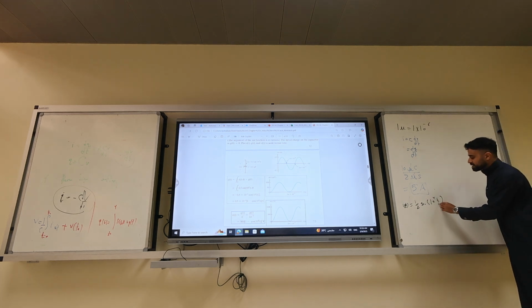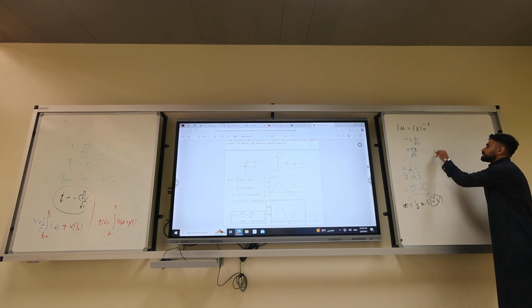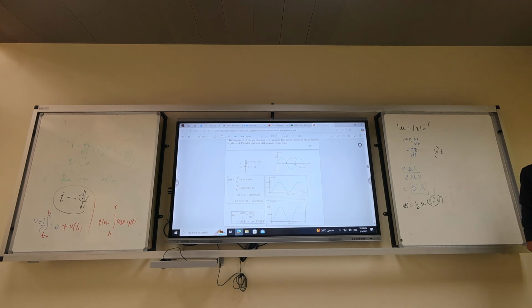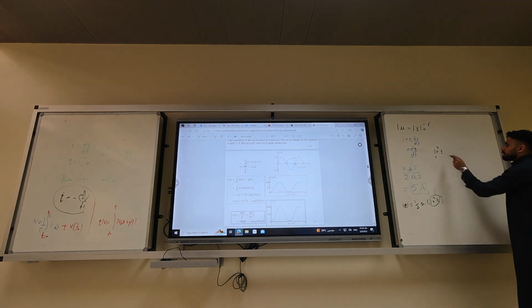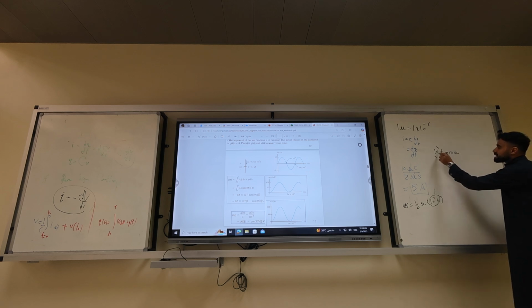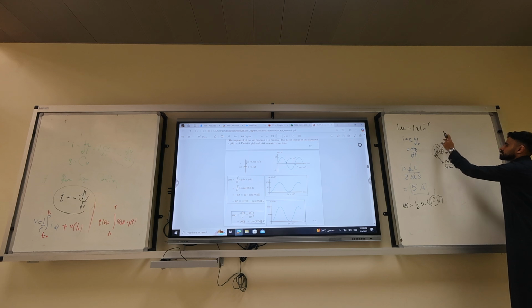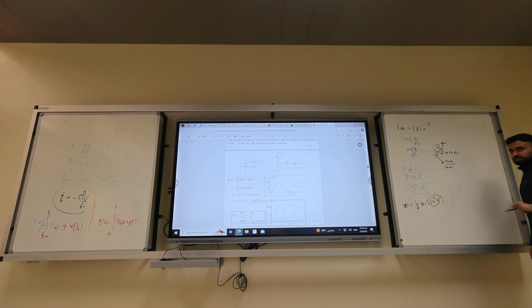Question, what is the unit of 10 to the power 4 times t? Well, the unit is radians. So what's the unit of 10 to the power 4? It is radians per second. What's the unit of t? It is seconds. So second will cancel second, so this is in radians.